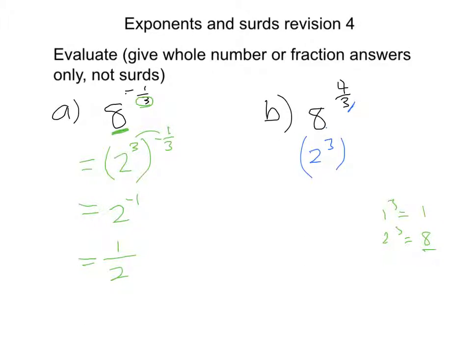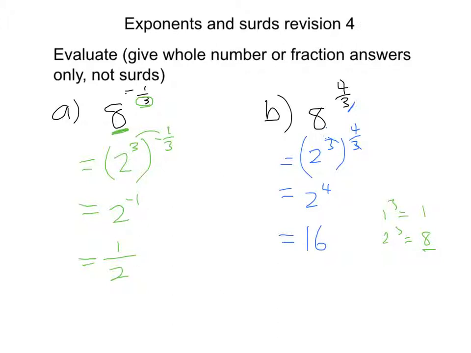And we'll have the power of 4/3 out here. So remembering our index laws, this is going to be 3 times 4/3. The 3 will cancel that 3. It will give us 2 to the power of 4, which is equal to 16. And that's our answer here.